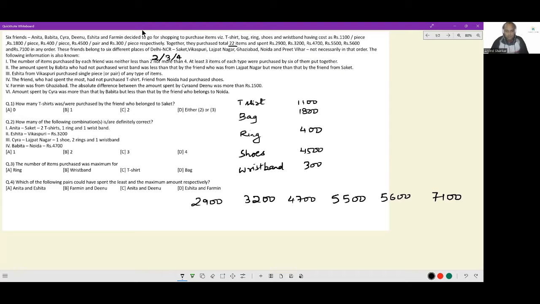This gives us a lot of information. Look at 2900. How can 2900 be made?